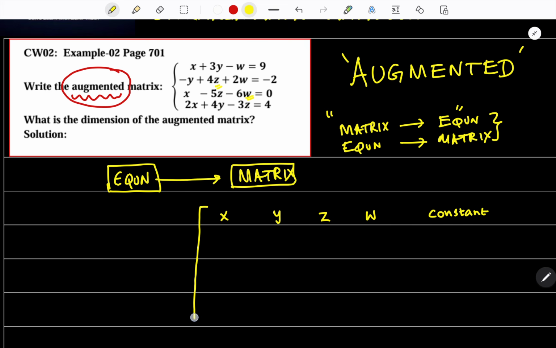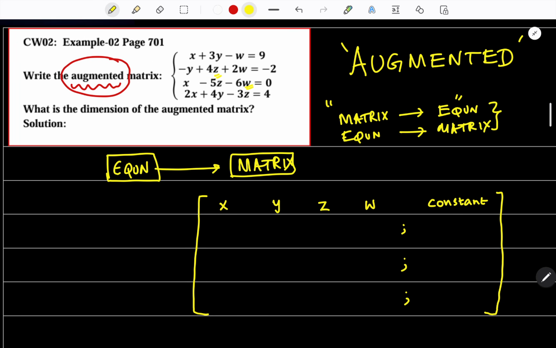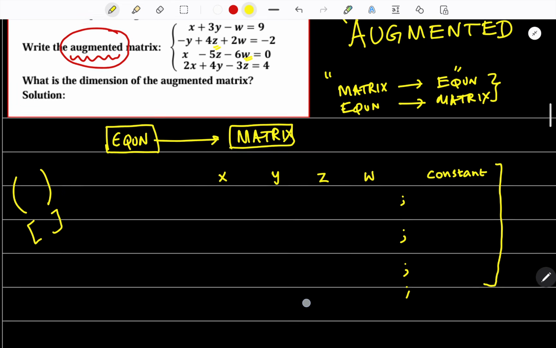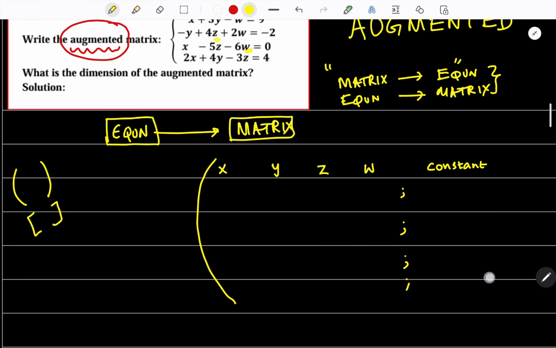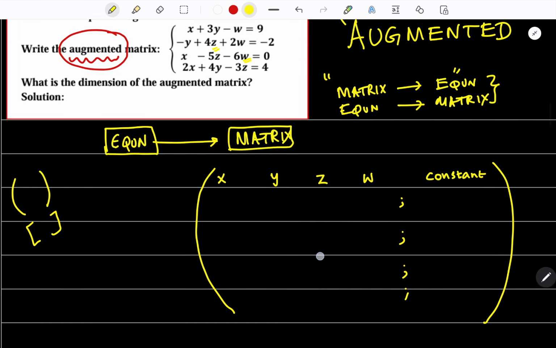So just open the matrix. This is an augmented matrix. So from here, you just put a semicolon. Now let us start the first equation. The first equation you should open like this and you should close it also. Either you can use round brackets or square brackets. This is called a matrix. So let us start here, x, y, z.